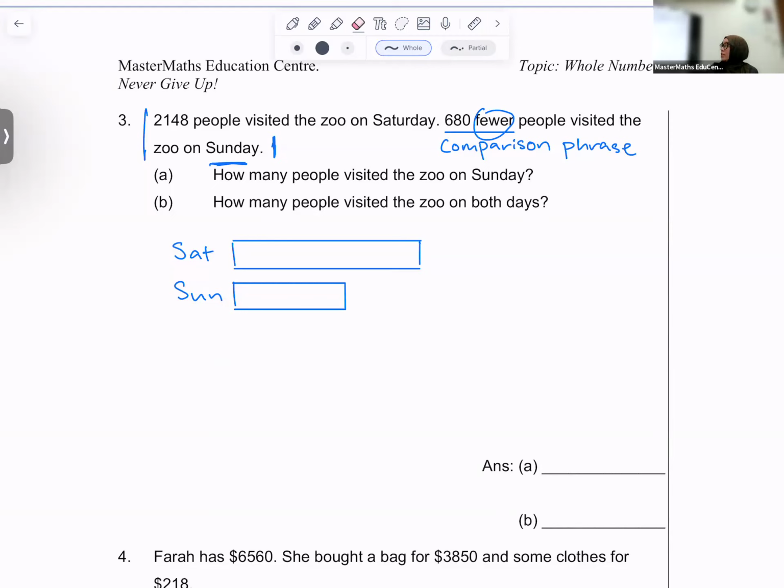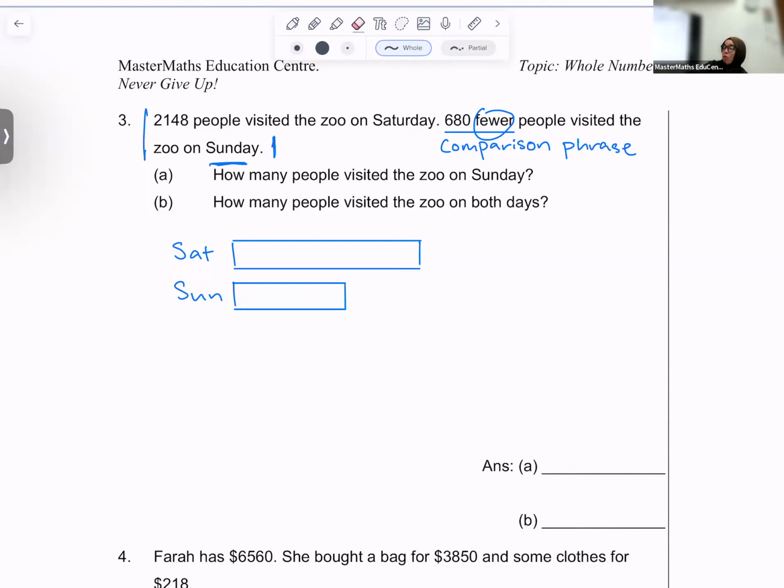Let's see the page 18. This one I will mark later. Okay, this page. Page 18, question 3.